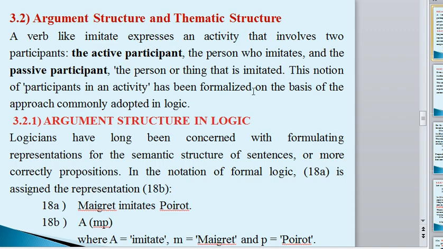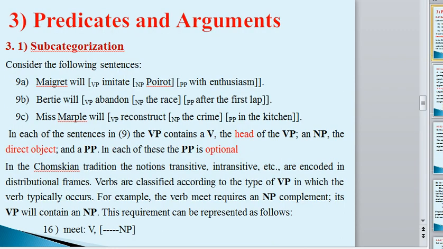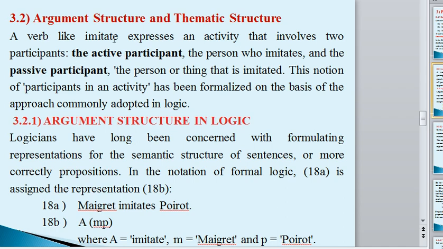A verb like imitate expresses an activity that involves two participants. This verb, imitate, needs two participants for completing its meaning. The first one is the active participant, the person who imitates. And the second is the passive participant, the person or thing that is imitated.